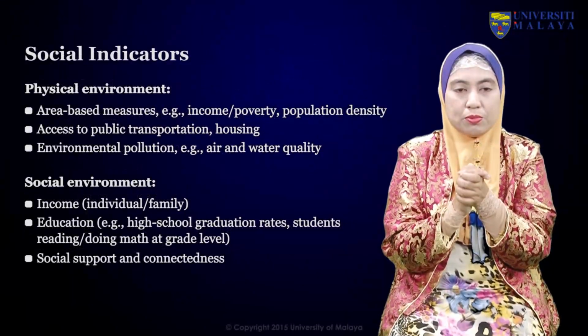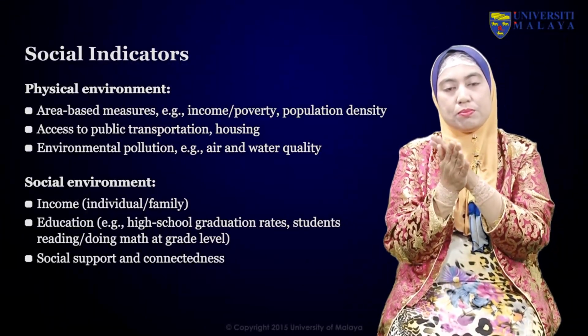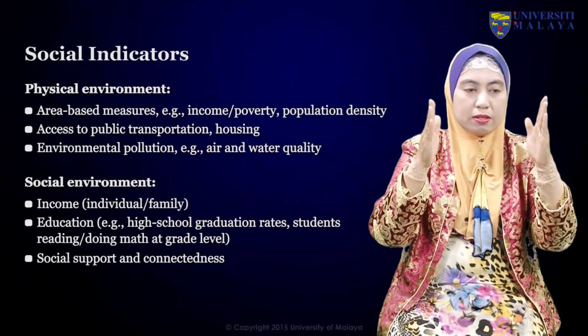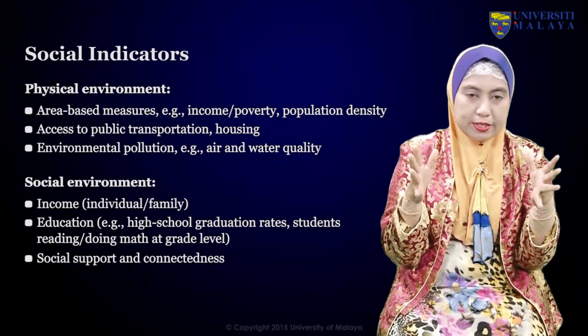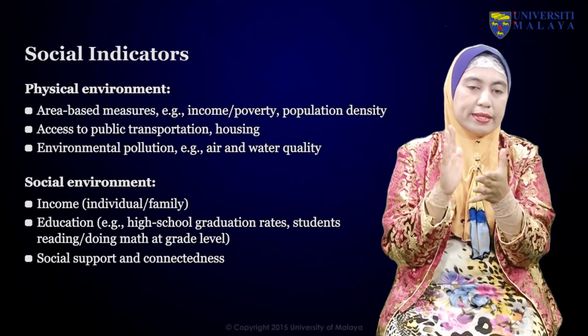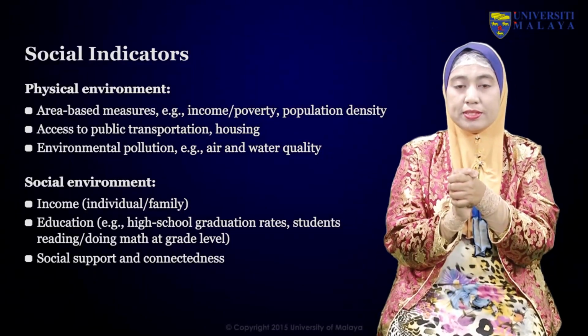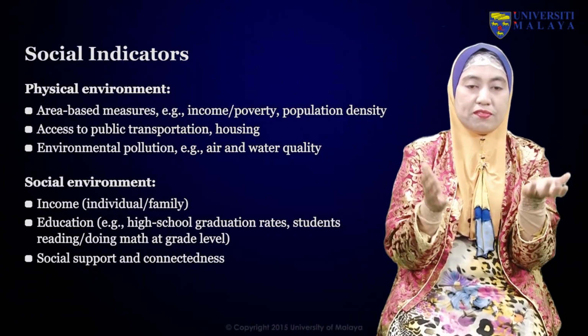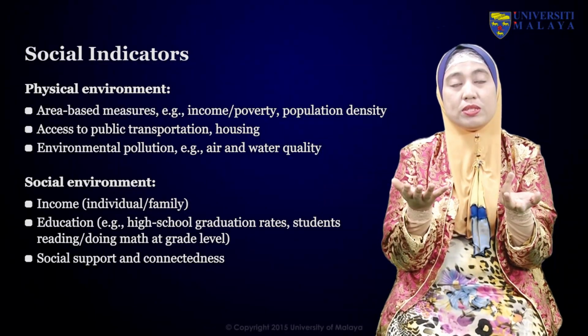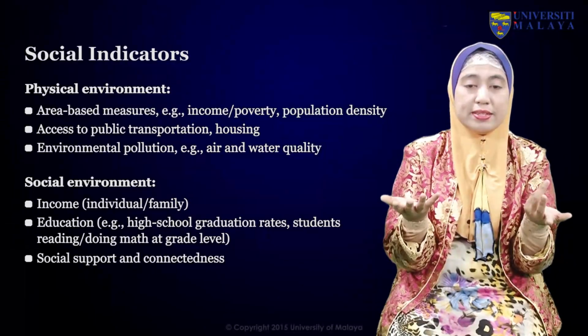Okay, now we will give you a bit more in depth about social indicators. Okay, before this, I have talked about health indicators. So under social indicators, we have physical environment. So under this physical environment, we have area-based measures where we measure or we take indicators relating to income.